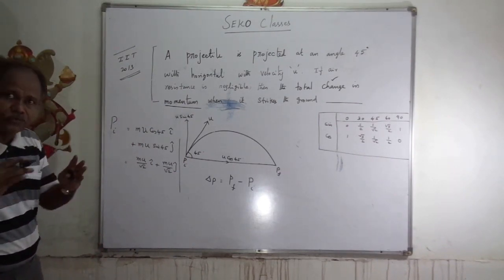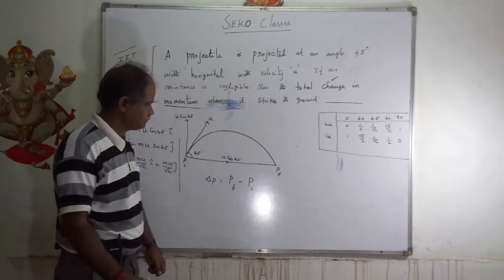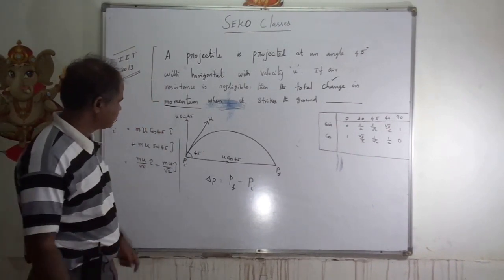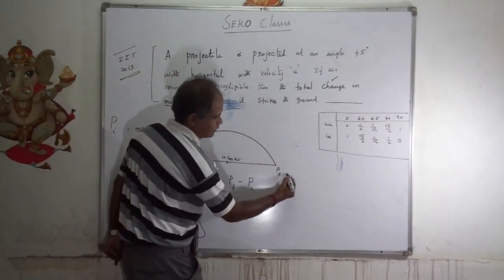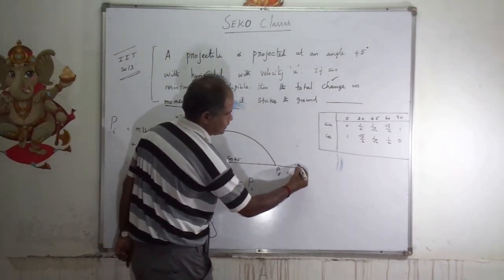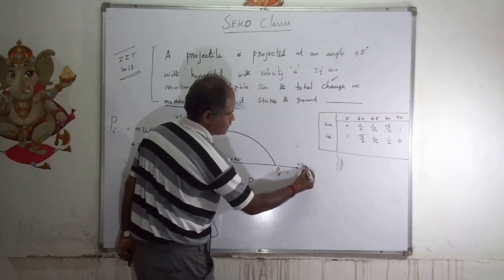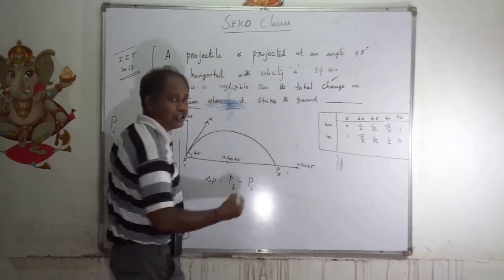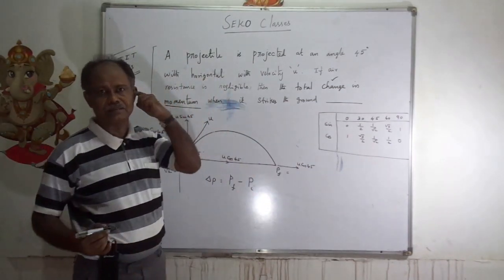In the same manner you find the final momentum. Along the x-axis the component is u cos 45, because there is no change acting along the x-axis.